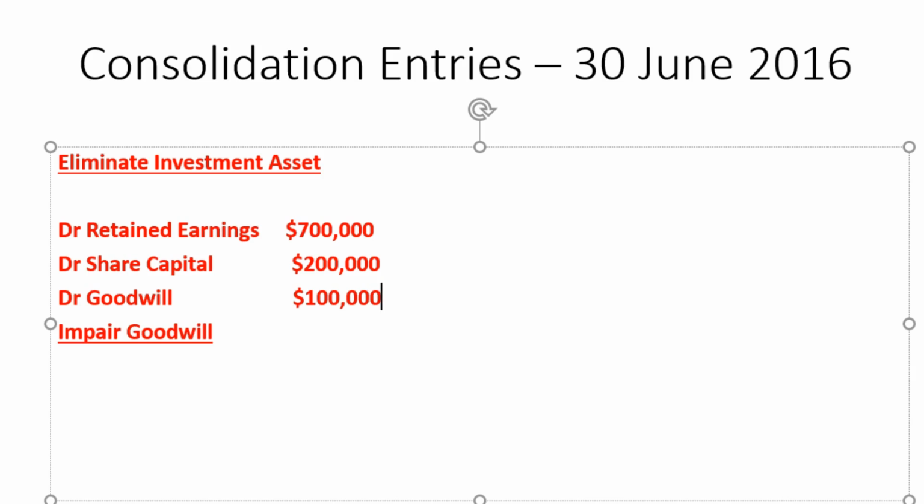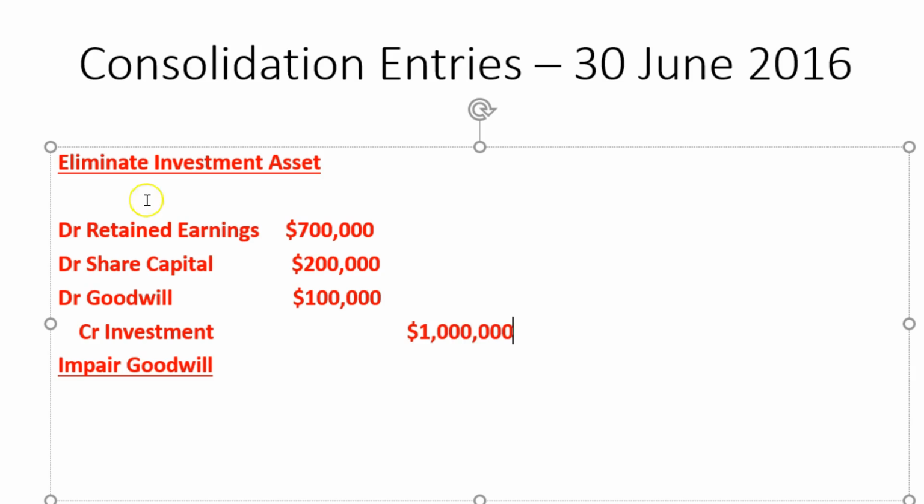The reason we need to recognize this $100,000 of goodwill is because we record our investment at cost. So it cost us $1 million. And we know that the net assets that we have acquired are $900,000.